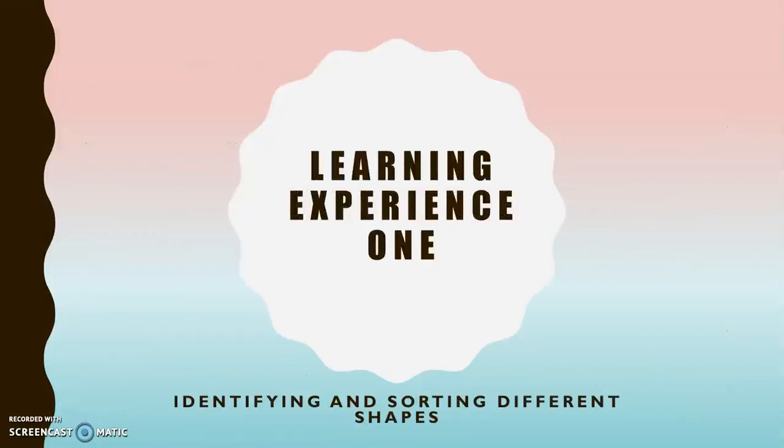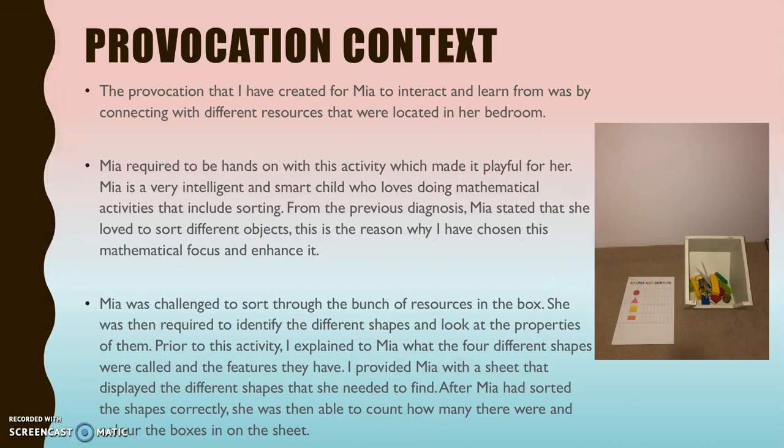So learning experience 1 is identifying and sorting different shapes. For the provocation context for this one, I've used resources from Mia's bedroom, all the stuff that she likes to play with in day-to-day activities. So there's different shapes and hair ties and rings and stuff in there. This activity required Mia to be hands-on.